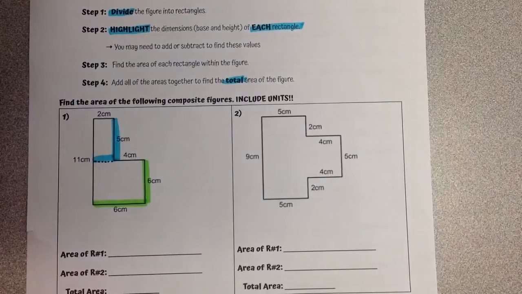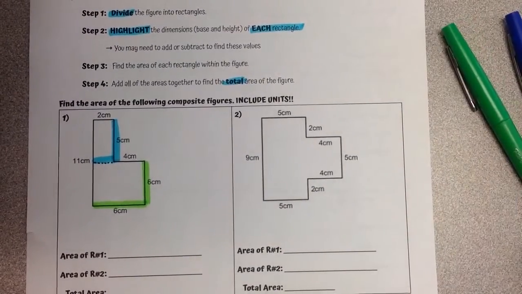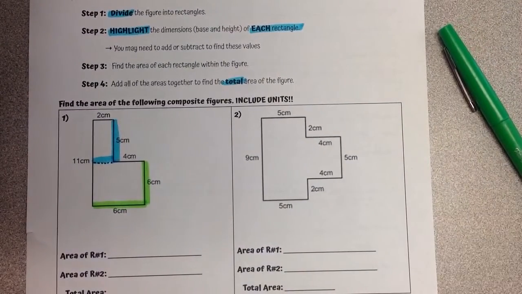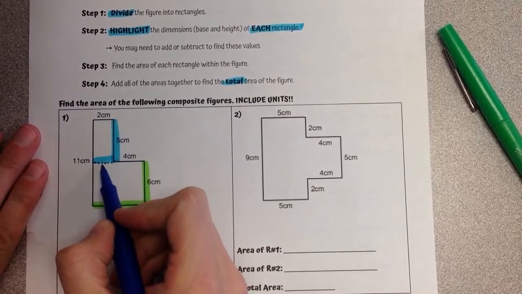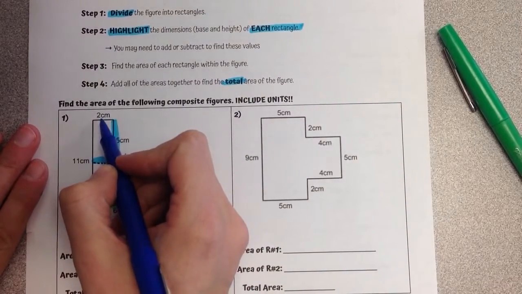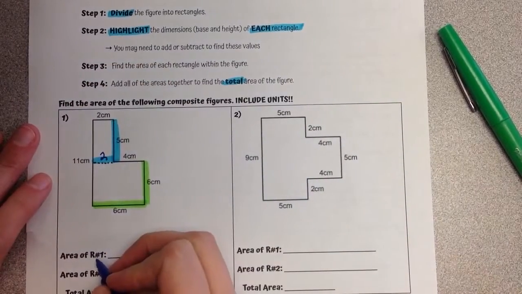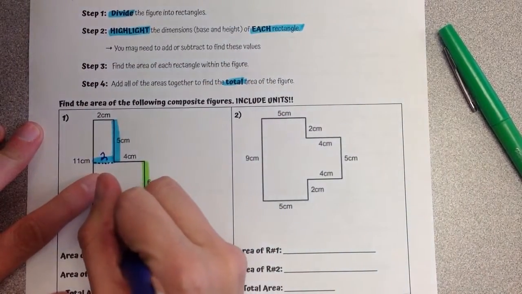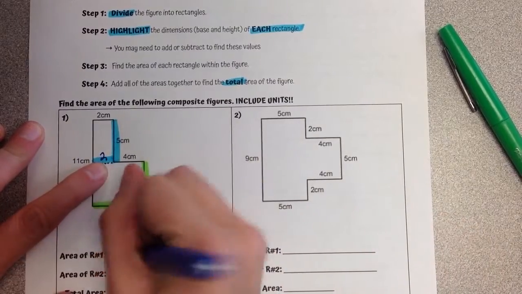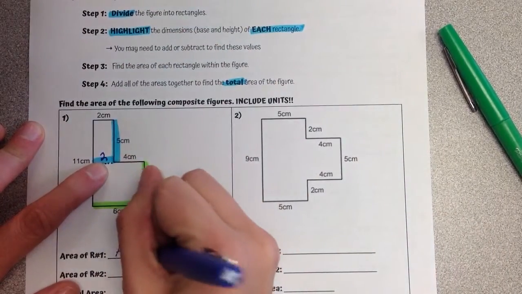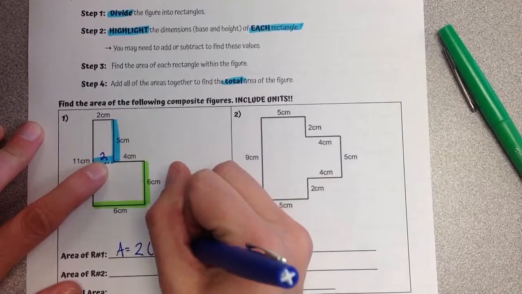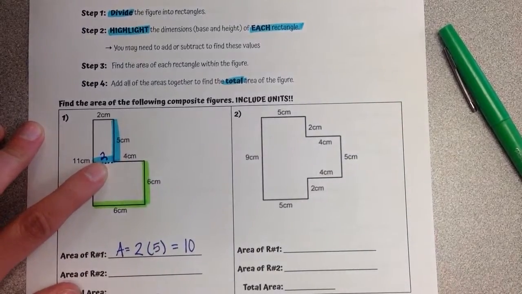So now we need to actually look at the dimensions of it. So there's no base length right here, but we know in a rectangle that the opposite side is congruent, so this must be 2. So for rectangle number 1, the area equals our base of 2 times our height right here, which is 5. So the area equals 10.